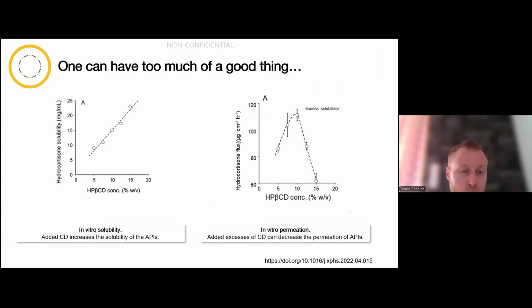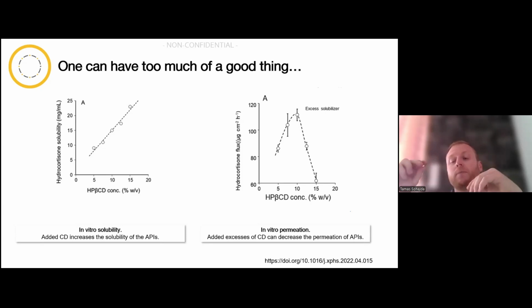But this is not always what's happening, and this is a counterexample, hydrocortisone, that in the phase solubility study, it was seen that with the increase of the cyclodextrin, there is a linear increase in the cortisol solubility. But when they checked the permeation, it was realized that until a certain point, it increases the permeation, but after a certain point, it prevents the permeation.